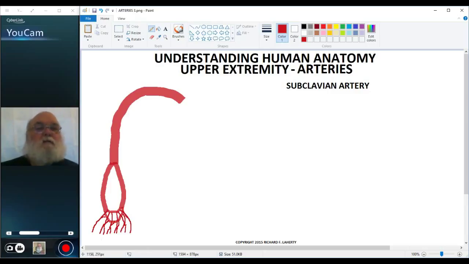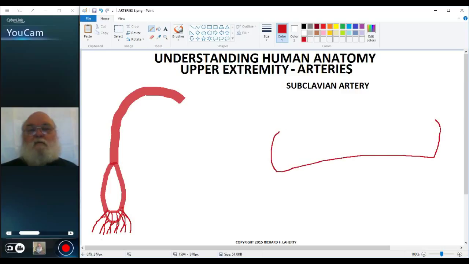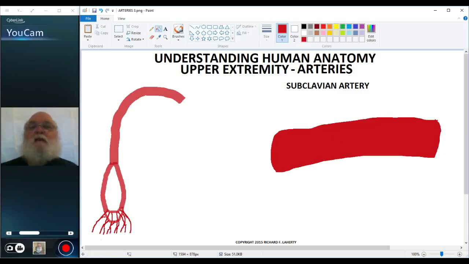Now, what I'm going to do is sketch in the subclavian artery. Like so, and then we'll fill it in to make it nice and visible.